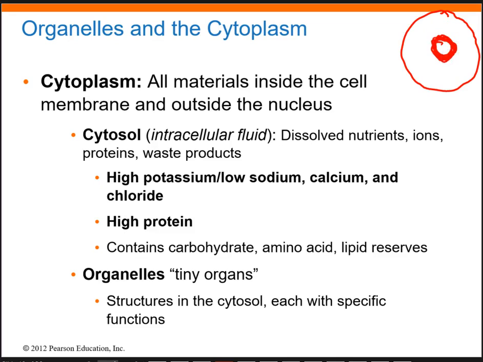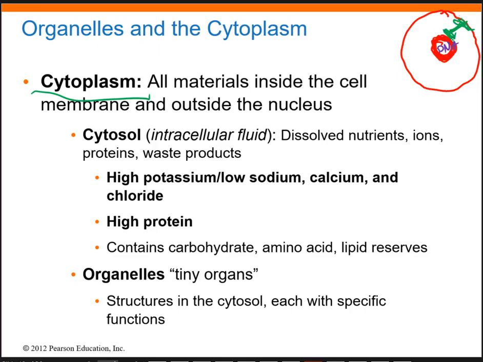The nucleus is where we have our DNA in this nice protected, safe environment in the middle of our cell. So we have this plasma membrane around the outside, we have the nucleus in the center. Everything in between is referred to as the cytoplasm. So all of the materials inside the plasma membrane and outside the nucleus are included in the cytoplasm.